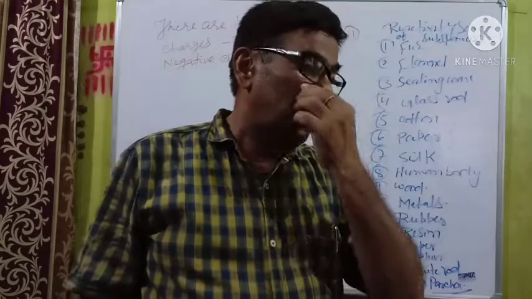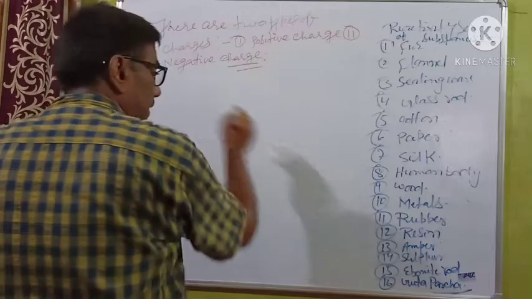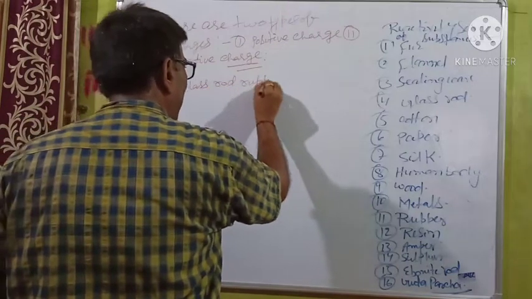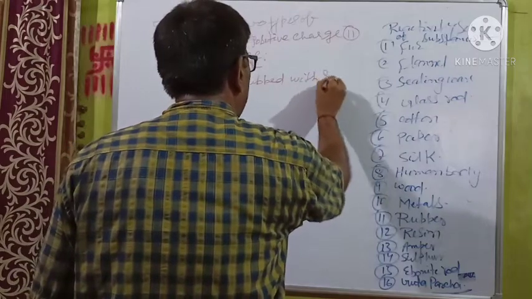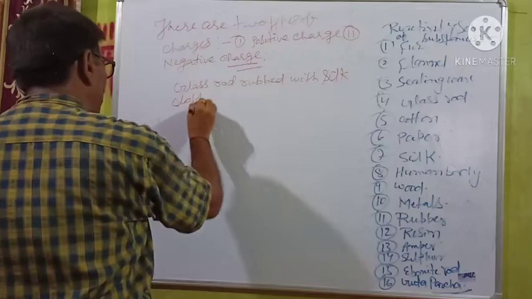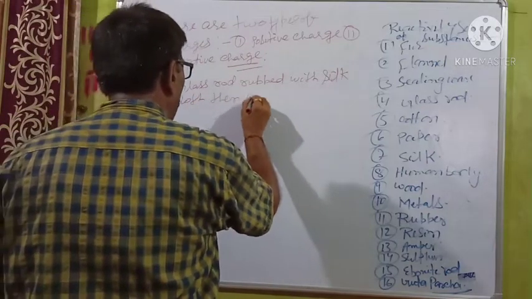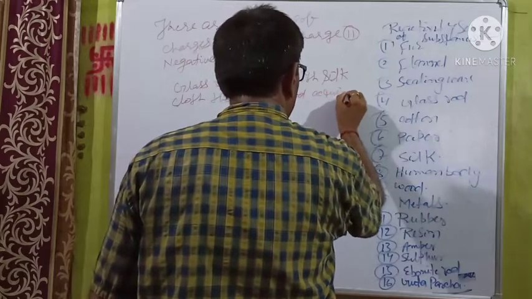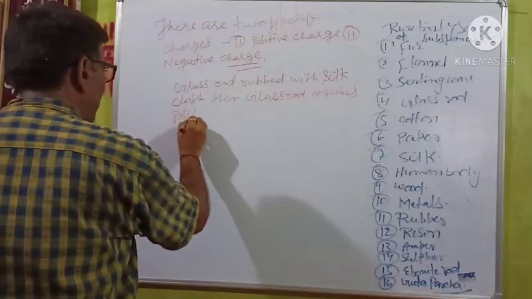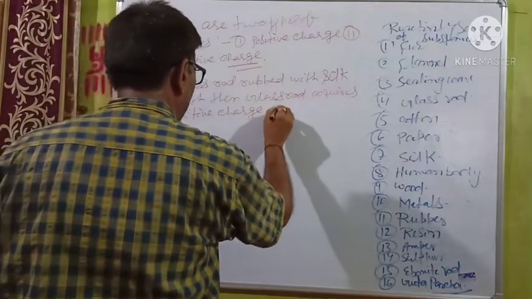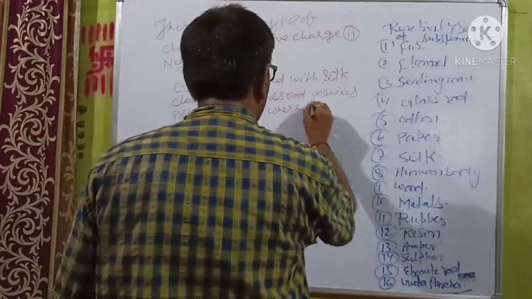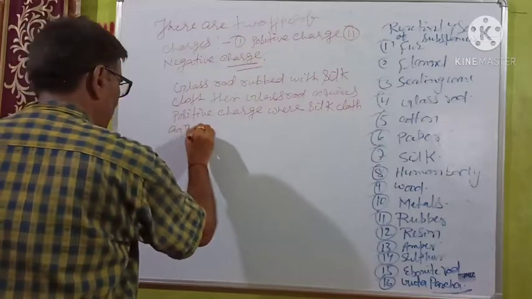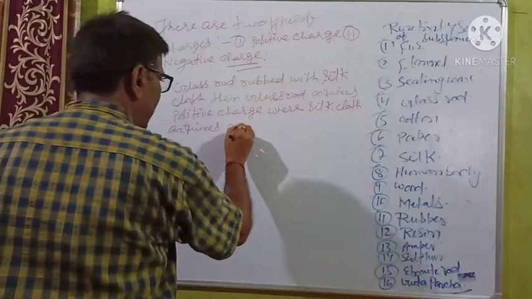They observed that when two are rubbed together, suppose a glass rod is rubbed with silk cloth, then the glass rod acquires positive charge whereas the silk cloth acquires negative charge.